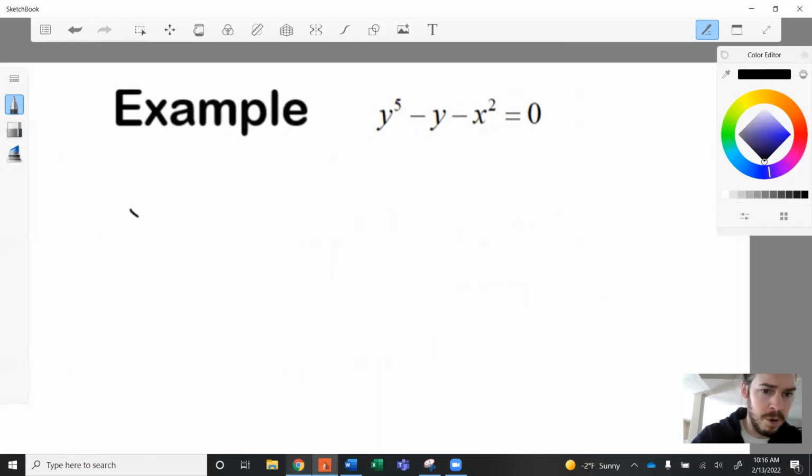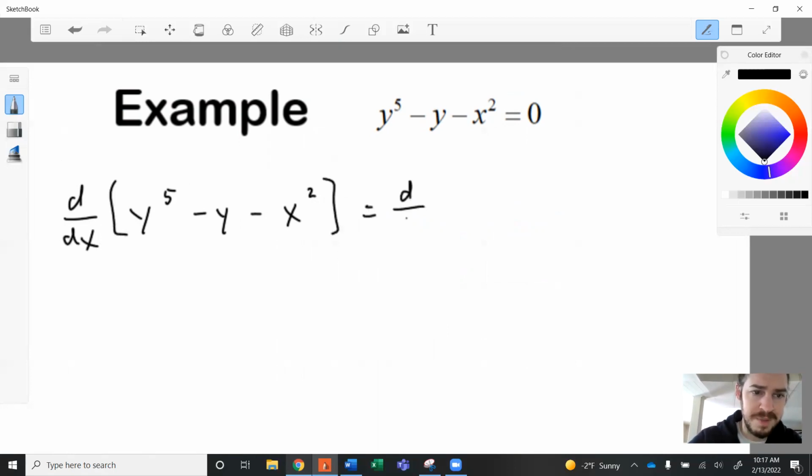So I'm going to rewrite both sides of the equation, but I'm going to say let's do the derivative with respect to x of the left side and the derivative with respect to x of the right side, like that. That's always the beginning of our implicit differentiation work. So now we can apply some of the basic differentiation rules that we know. The first one I want to use is the sum and difference rules that say you can split up a derivative over the sum and difference of functions.